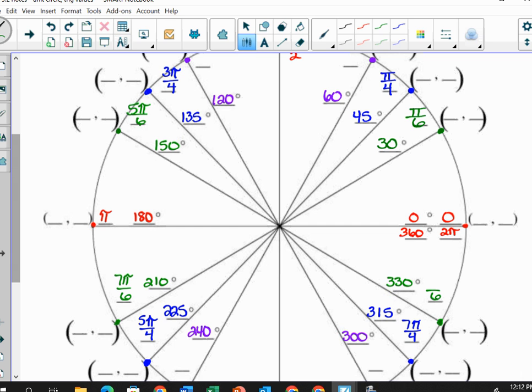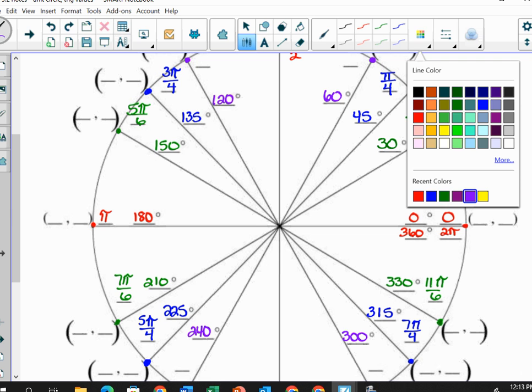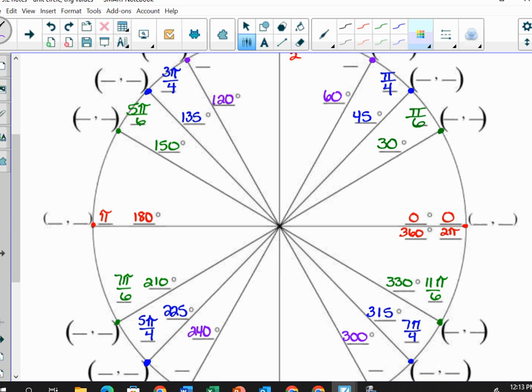And the fourth quadrant? 11 pi over 6, yes. All right. Purple's next for me. We okay on the green ones? You see it? Okay.